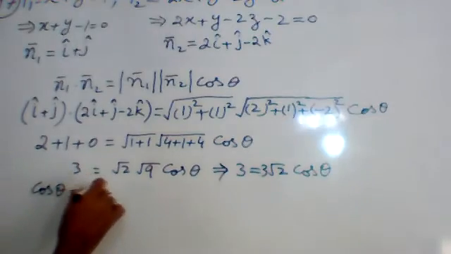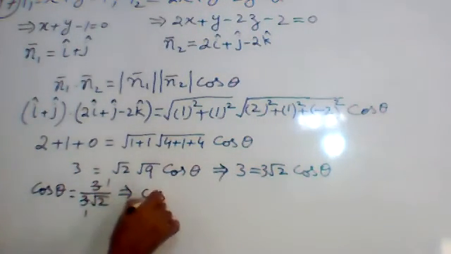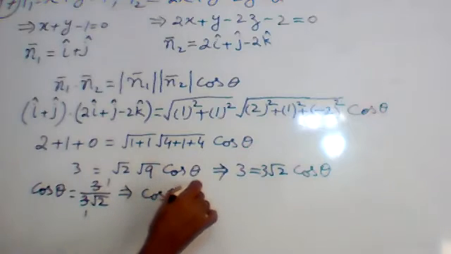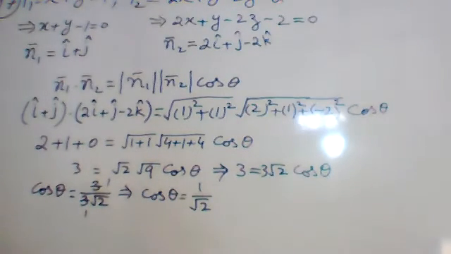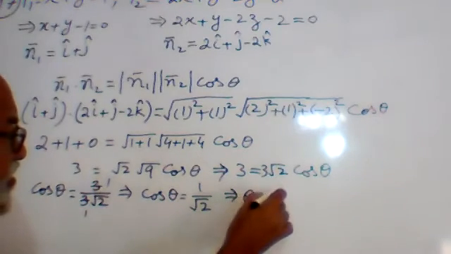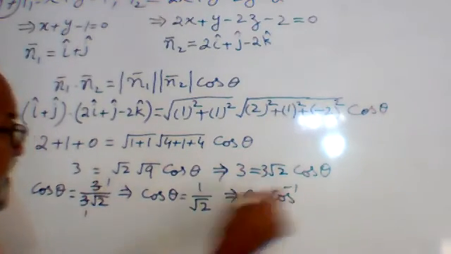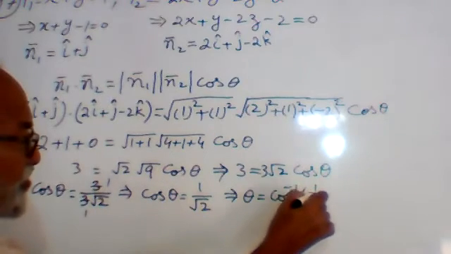Three is cancelled by 3. So cos of theta will become 1 upon root 2, and theta will become cos inverse 1 upon root 2.